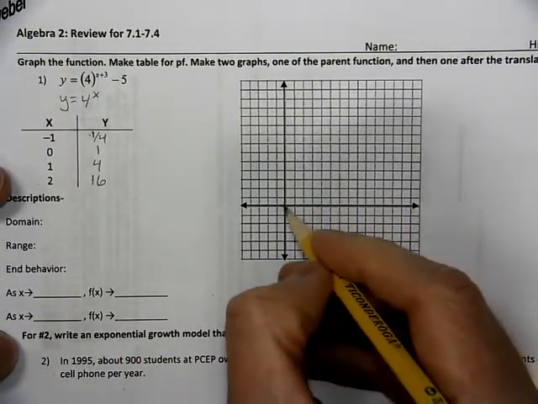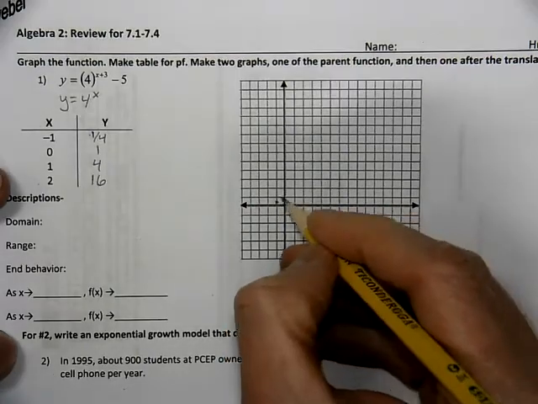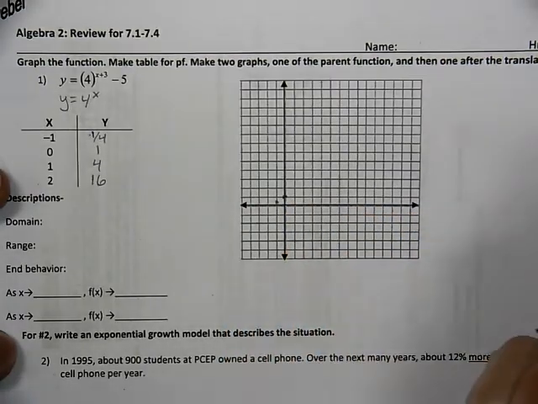So we could graph that. When x is -1, we're at 1/4. X is 0, we're at 1.